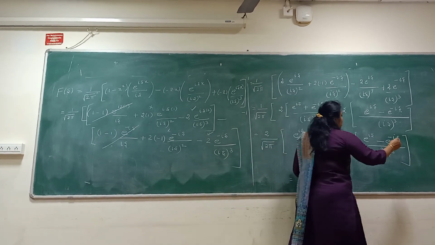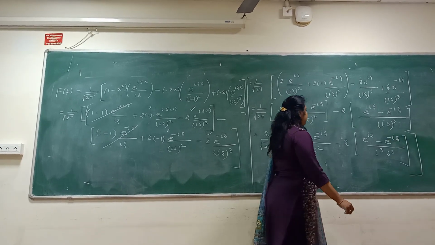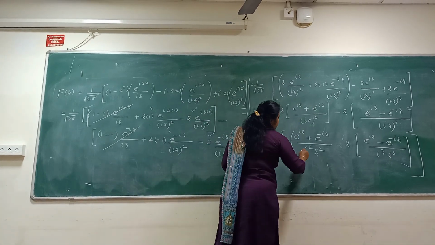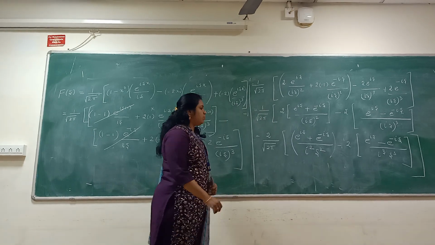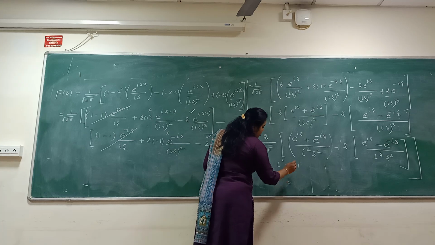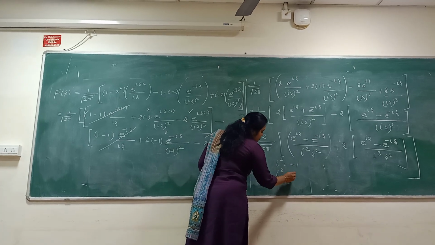Okay, multiply by the whole bracket. So i square term is minus 1, i square term is minus 1 and i cube term is minus i.